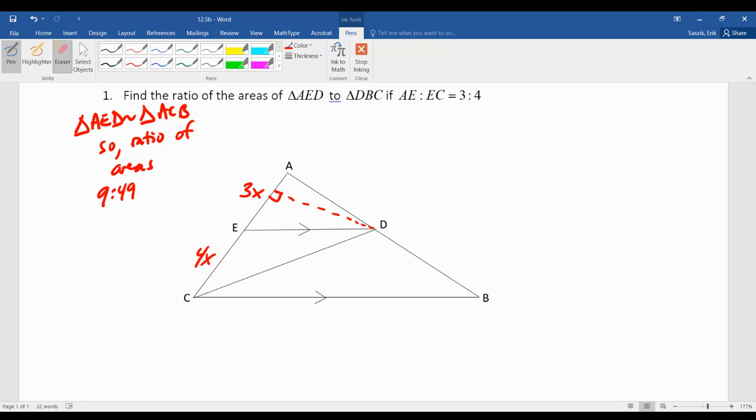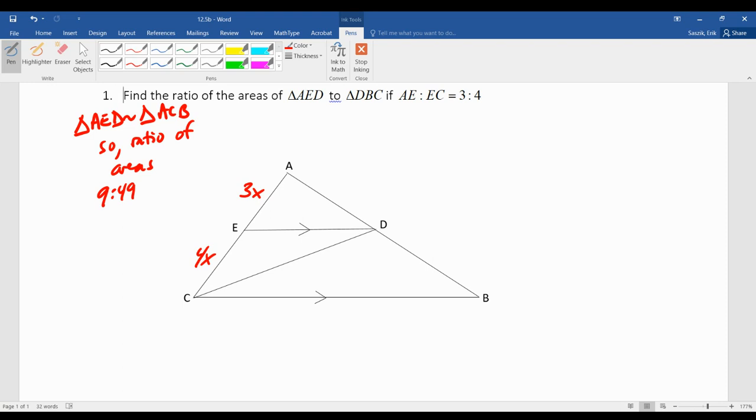So they have the same height. That means the ratio of their areas is the same as the ratio of their bases, right?